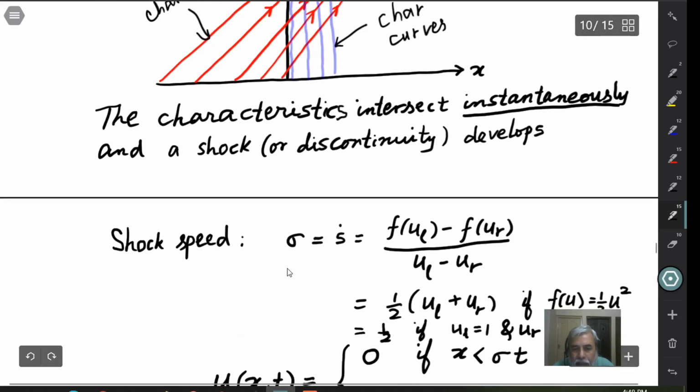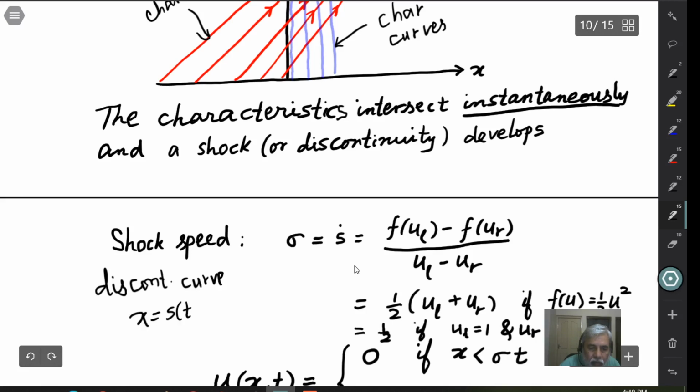Okay, so this sigma, the shock speed, is the discontinuous curve we are using, x equal to sigma t.